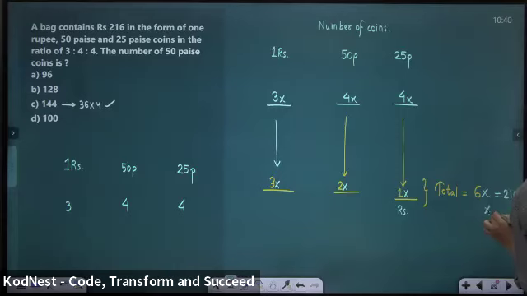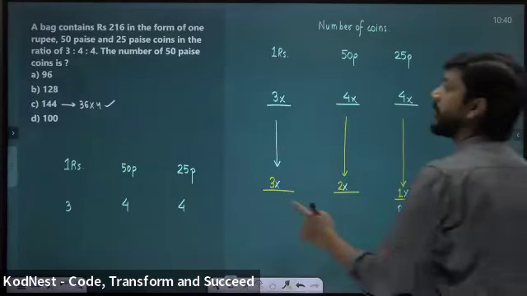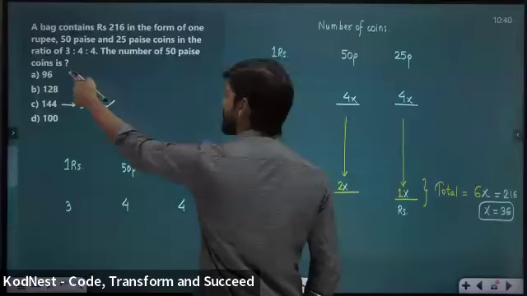So what is x? Carefully answer. 36. Again, you will get the same answer. So what are they asking? The number of 50 paise coins.